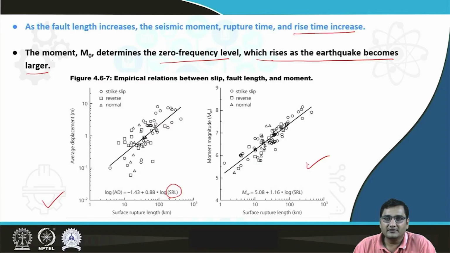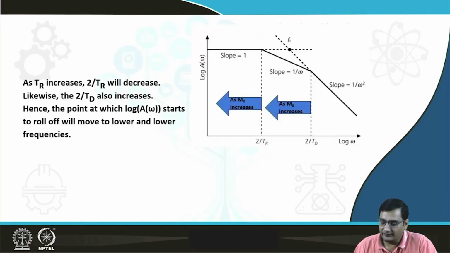Now, as you know, we have talked about a simple source model, where the corner frequencies were 2 by TR and 2 by TD. So as the moment increases, these corner frequencies move in the leftward direction.